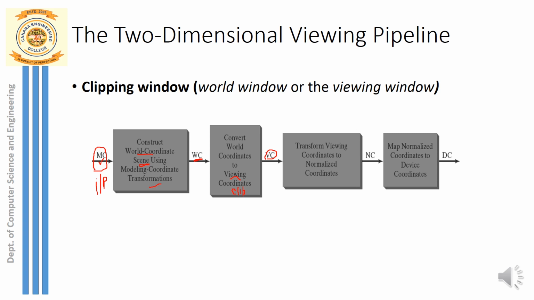Now where it has to be viewed is decided in the third step. So what is the next step? You are transforming these viewing coordinates to normalized coordinates. Now what do you do here? You decide the viewport, that is, where this has to be displayed. You define that region on the display window, and after that you decide the boundary.